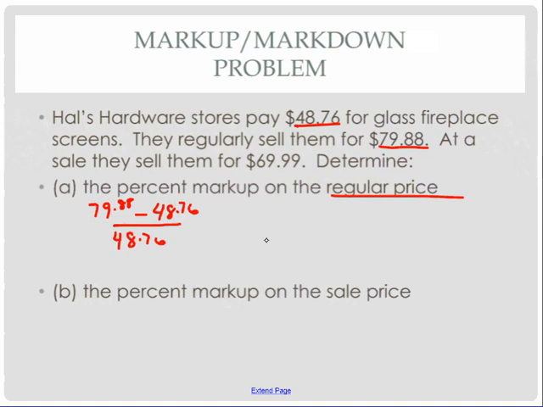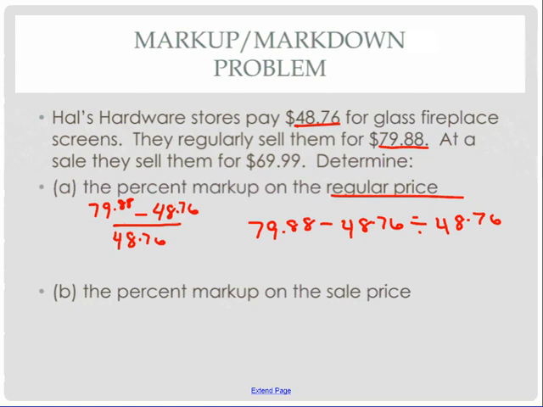Let me show you a common mistake that sometimes people make when they do this: they end up getting the answer 78.88. What happens is if you put this in the calculator without using parentheses or without hitting enter, if you just put it in the calculator as 79.88 minus 48.76 divided by 48.76, your calculator is going to do PEMDAS.